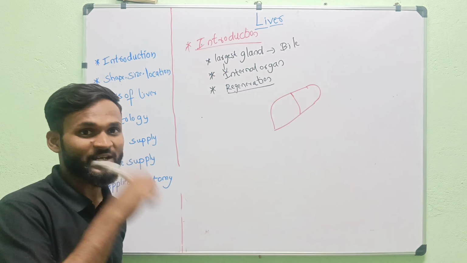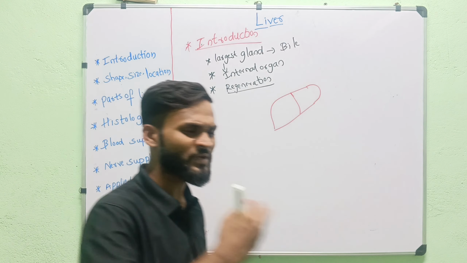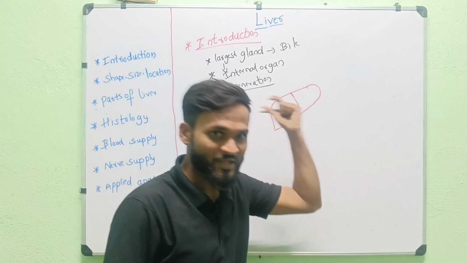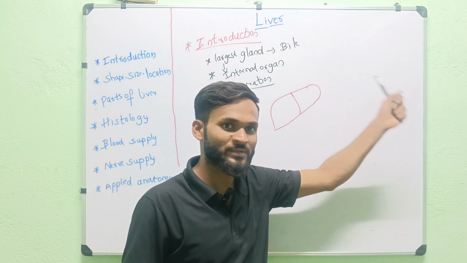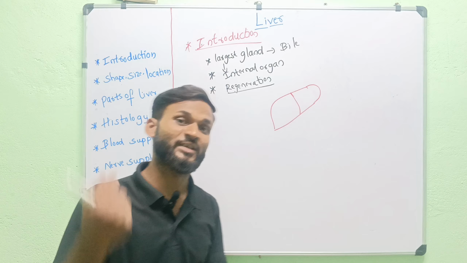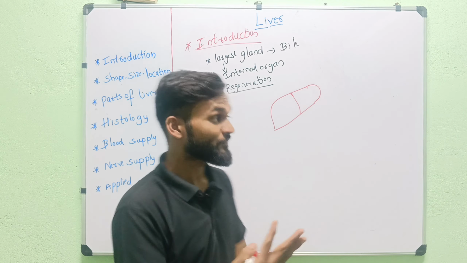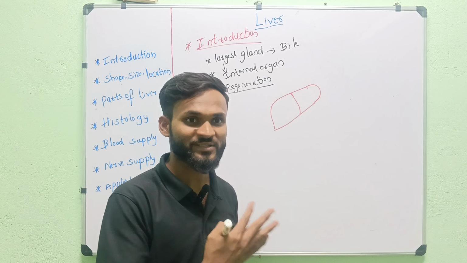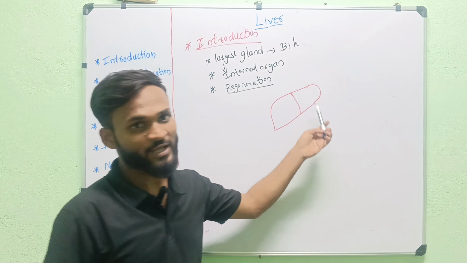Liver is the largest gland in human body which produces many enzymes and specialized juice. That juice is known as bile juice, which is helpful for the metabolism and digestion of your fats. Then it is one of the largest internal organs of our body, and it has the ability to regenerate. It takes the normal size and shape in case of any damage.